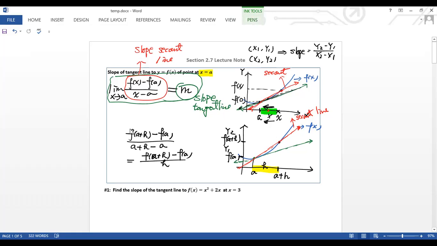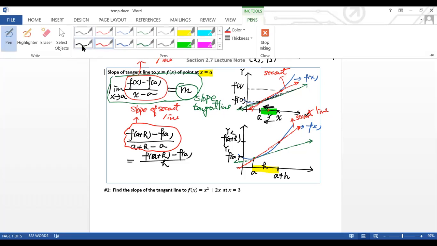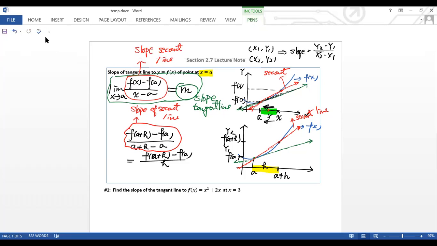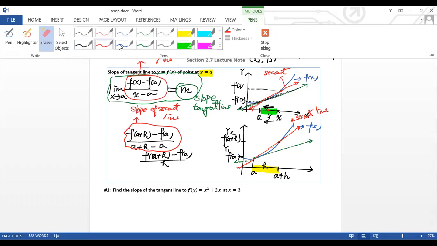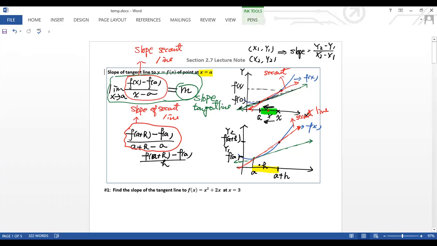So let me color code that. Because these are the two points, this is the slope of the second line here, right? Okay, and then in order for the red line to become the green line, what happens to my h?